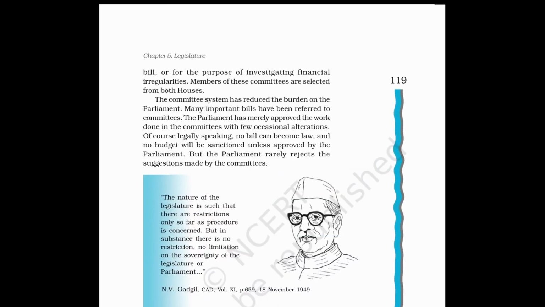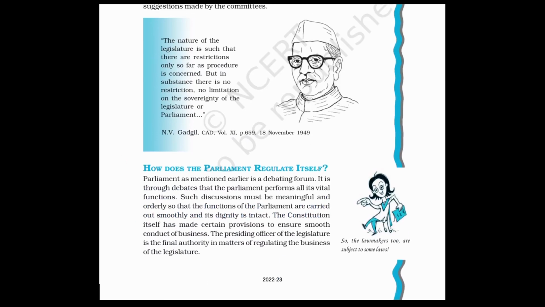The whole idea is to reduce the burden on the parliament, because the parliament then only has the work of approving the work done in the committees. ठीक है, कभी कभी they can make alterations, of course, if they reject the recommendations of the committee, that is a different thing, but mostly it will be about accepting, because the committees are doing all the work in the back end, right? So no bill can become a law, no budget will be sanctioned unless it is approved by the parliament, but the committees do all the background work for the parliament.